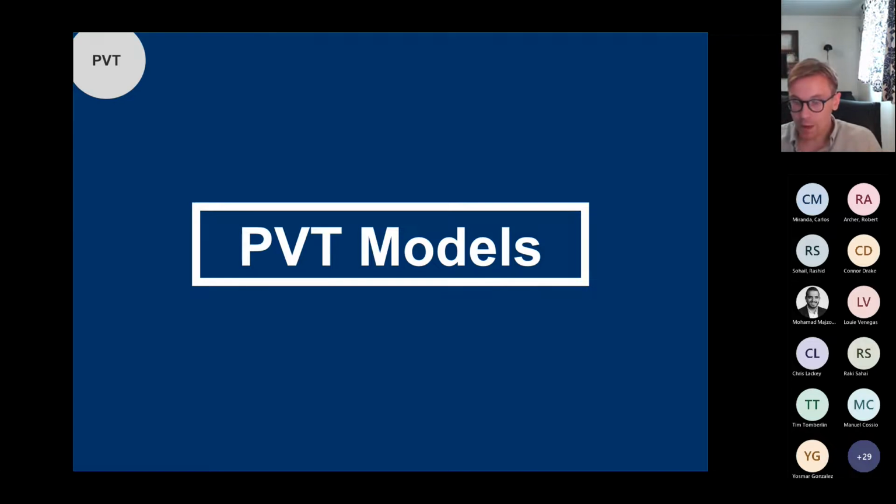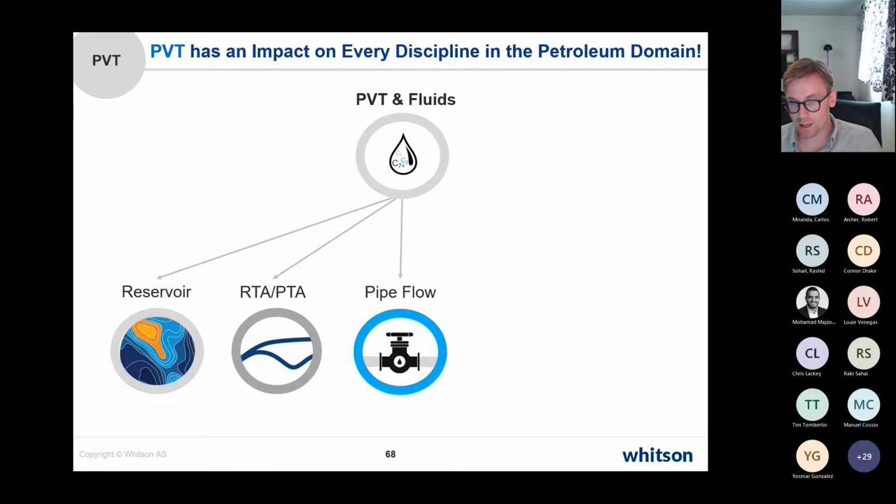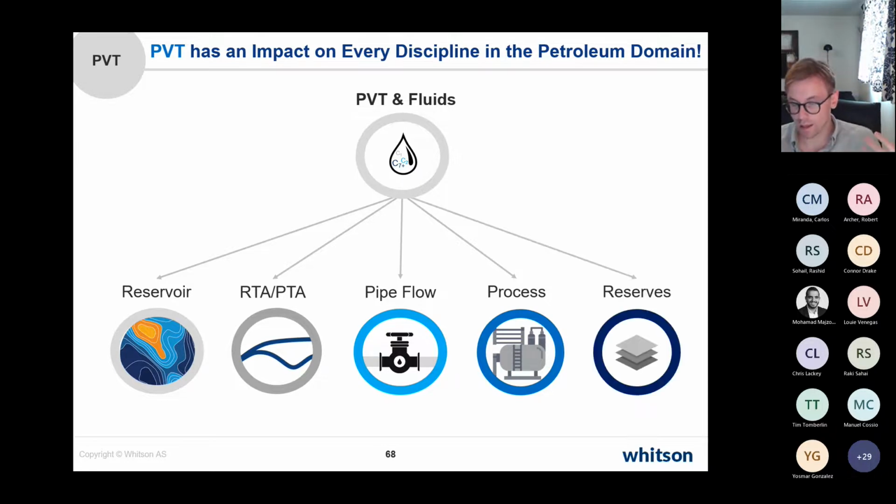Being able to model PVT is extremely important because it's one of the few things that has an impact on essentially every single discipline in the petroleum domain. PVT has an impact on reservoir, it has an impact on RTA and PTA and well testing, it has an impact on pipe flow and facility design, it has an impact on process and facility, reserves, and the list goes on and on.